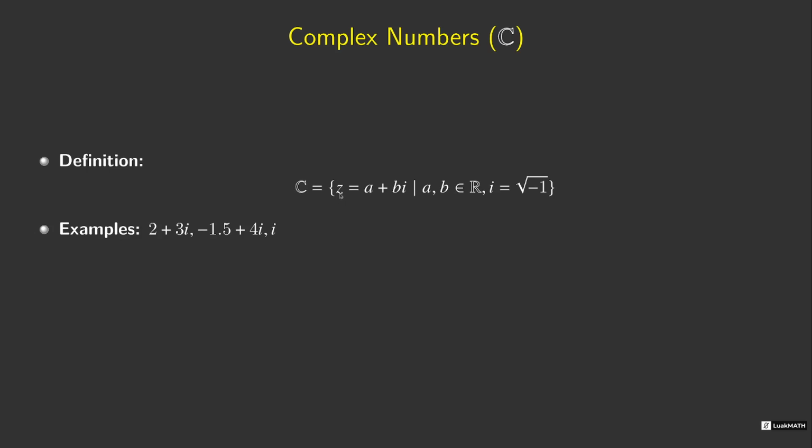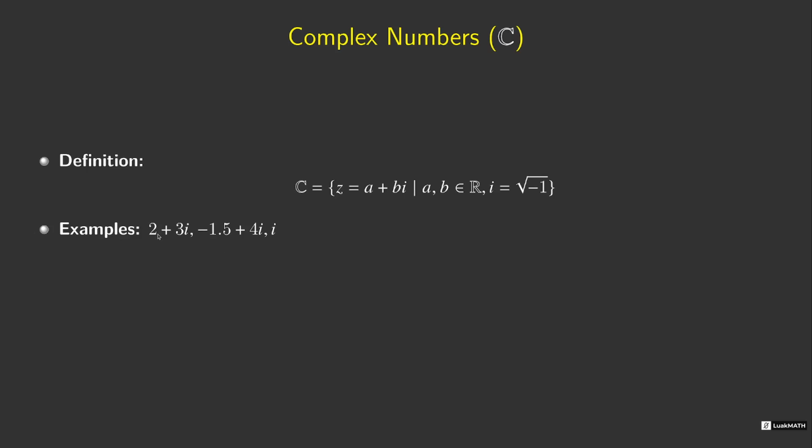Complex numbers are usually given the simple symbol z. You often hear people saying, "Oh, complex number z equals a plus bi." But what you need to take away is that there's a real part and an imaginary part. So the a is usually called the real part, and b is called the imaginary part.